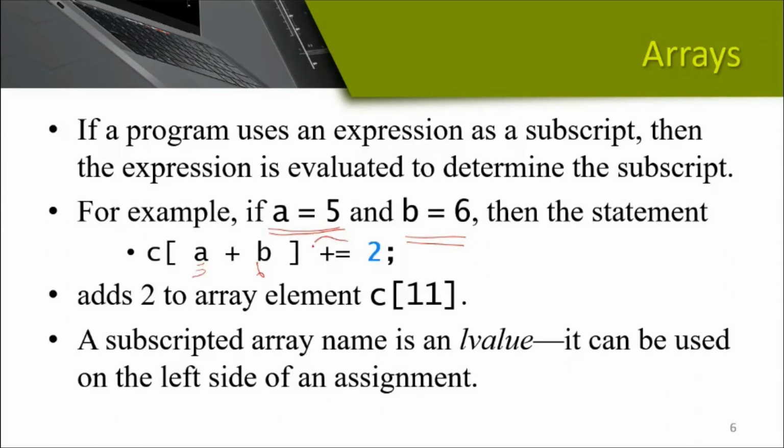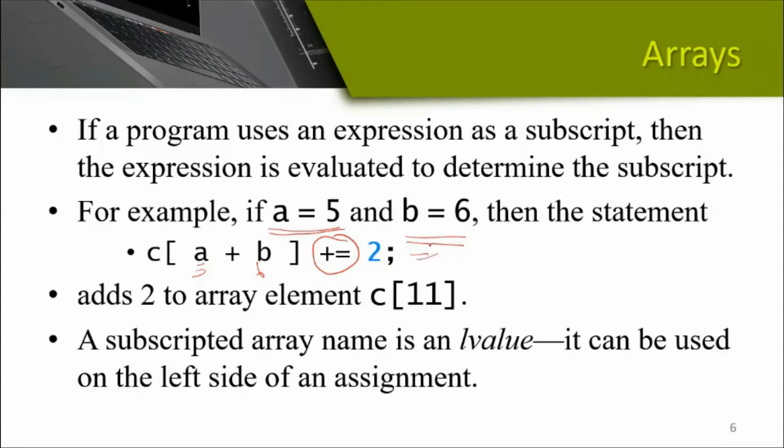This plus equal to, you know what it does? It adds the value 2 to the existing value of C of a plus b, that is C of 11, and that particular value is then assigned to this C of 11.